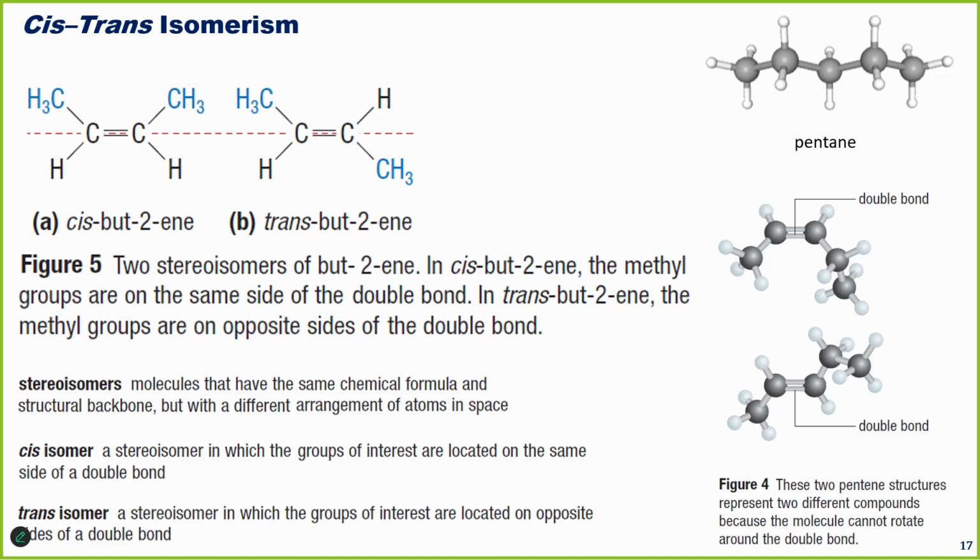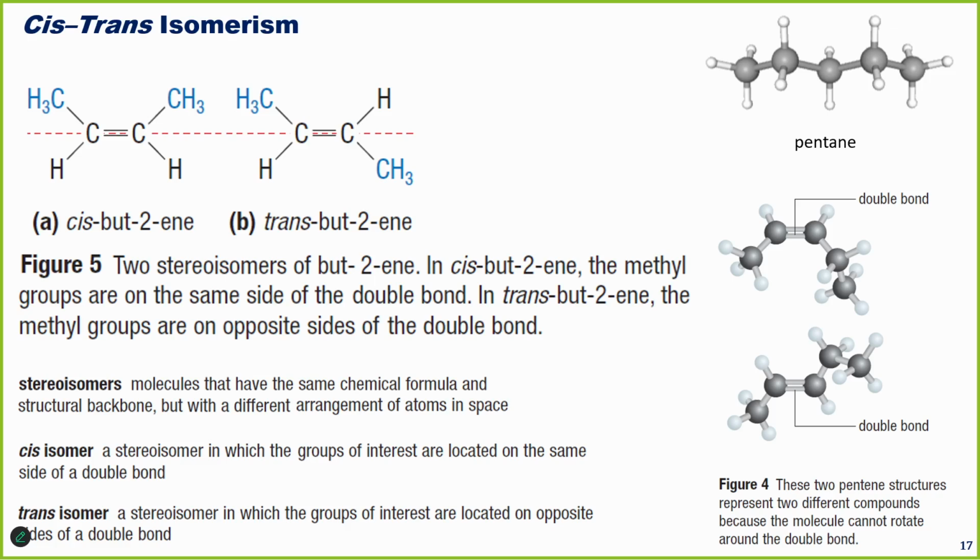As a result, you could create many 3-dimensional models that look different but are actually identical, having 5 carbon atoms in a chain, right? However, when you made the models of pentene, you may have noticed that you cannot rotate the carbon atoms around the double bond. Therefore, the groups on different sides of a double bond are in a fixed position relative to each other, which is shown here in figure 4.